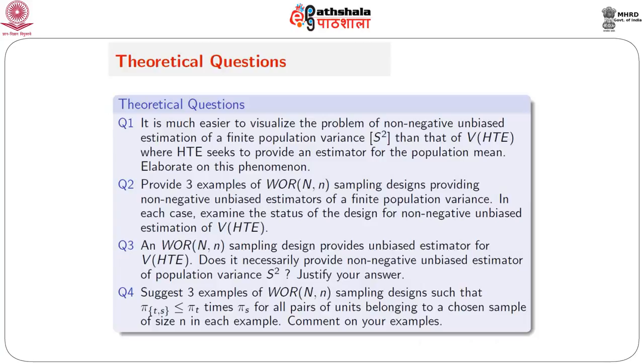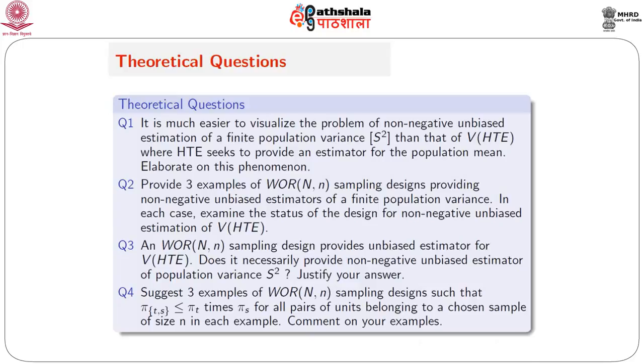So, what is the point of distinction between estimation of population variance and estimation of the variance of the Horvitz-Thompson estimator? Point of similarity, they both are quadratic in nature. Point of distinction, they have different expressions. Both of them require pi i strictly positive, whereas for population variance estimation, pi ij strictly positive is good enough to provide a non-negative unbiased estimate.